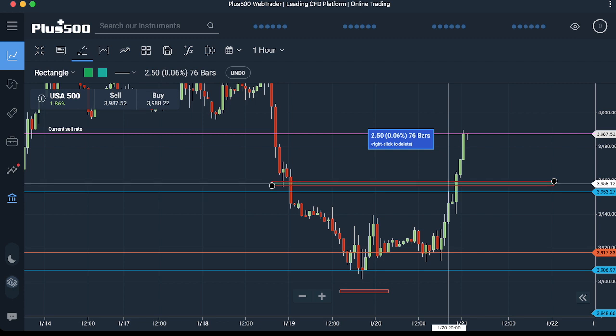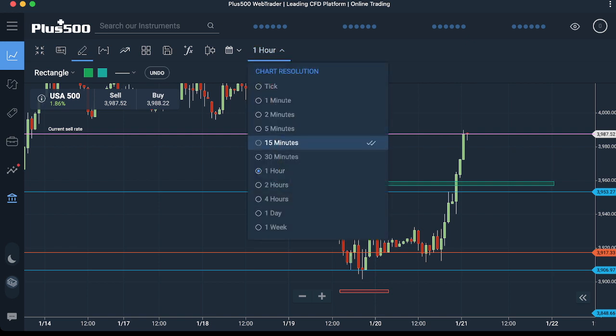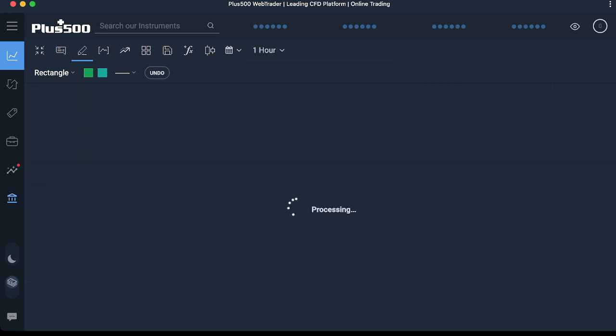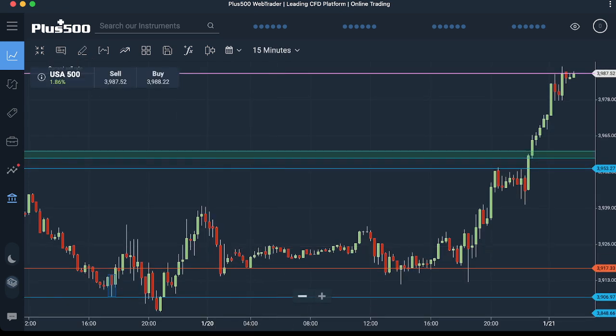So it's a big profit. That's why we call this high risk and high reward. If I go back to the 15-minute chart, you can see how beautiful this trade is and how you could take so much profit on this trade.